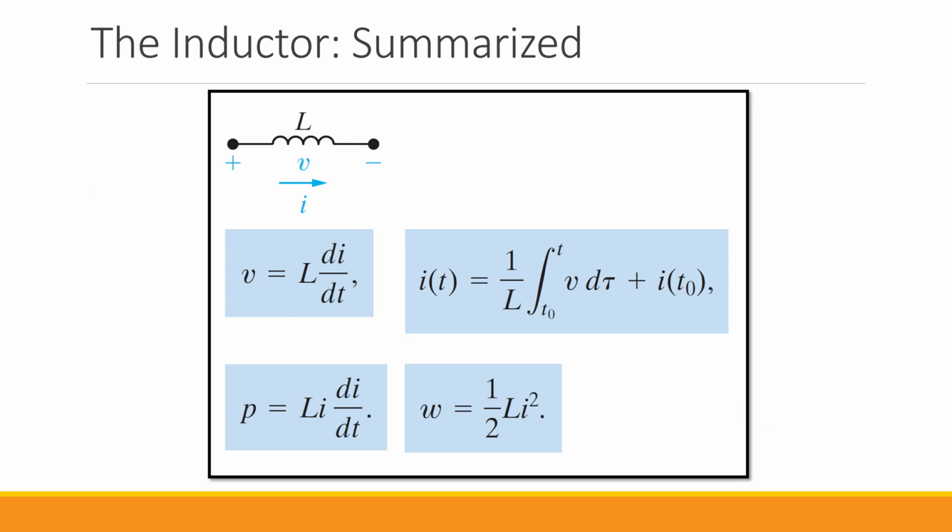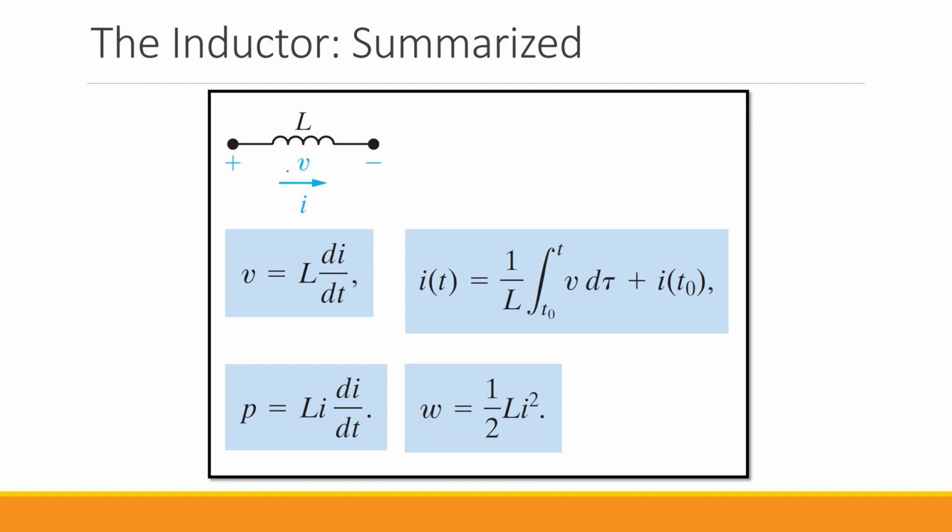So to summarize, as for the symbol of the inductor, it is similar to having a wire being wound around a magnetic core. Following the passive sign convention, if we have a current going from left to right, we have a positive side on the left, we have a negative side on the right.